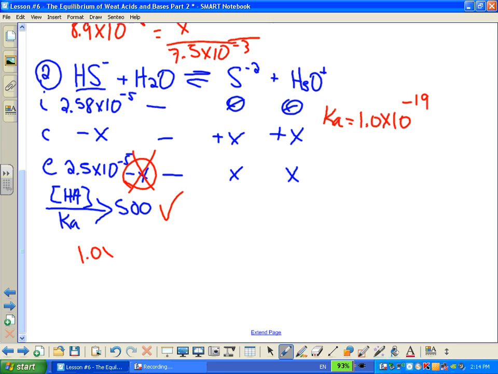So 1.0 times 10 to the negative 19 is equal to, so that's our Ka. Our products at equilibrium are both X, so we can put X squared, divided by our reactants. Because we got rid of the X, we're just going to put 2.5 times 10 to the negative 5.